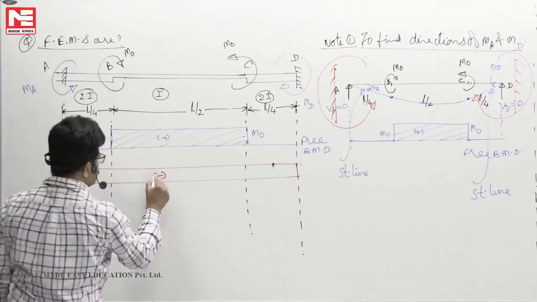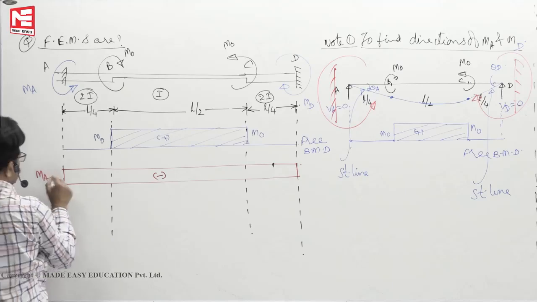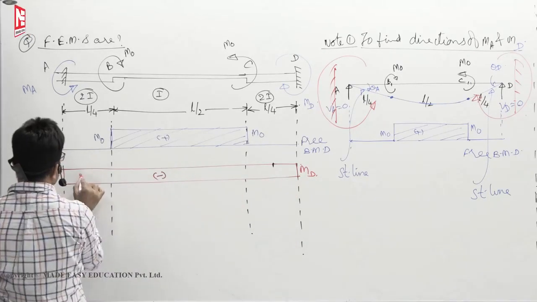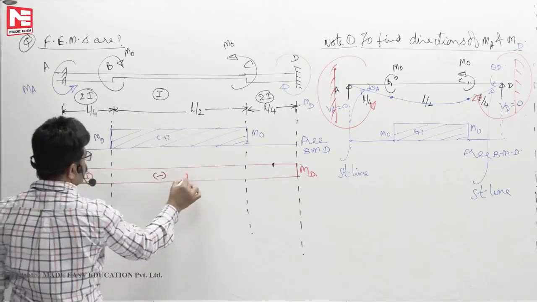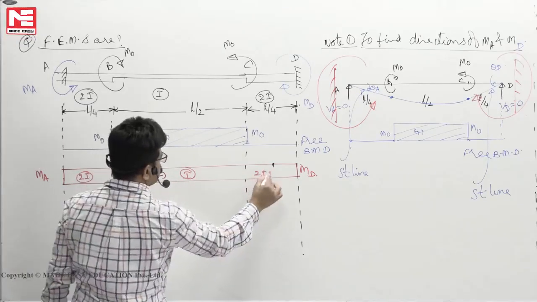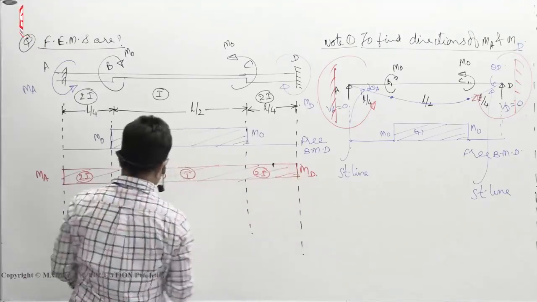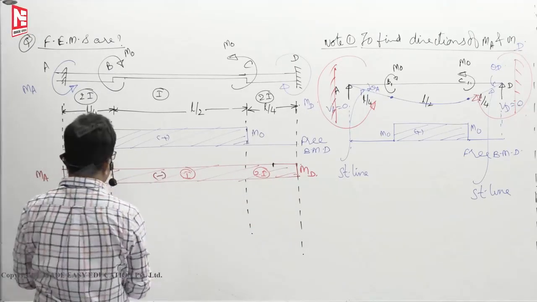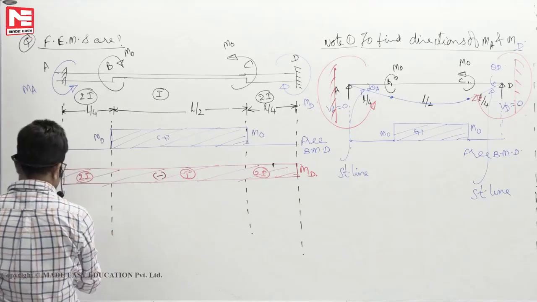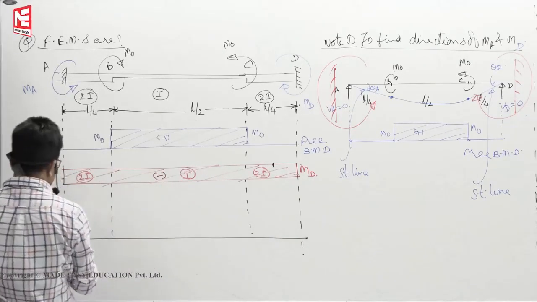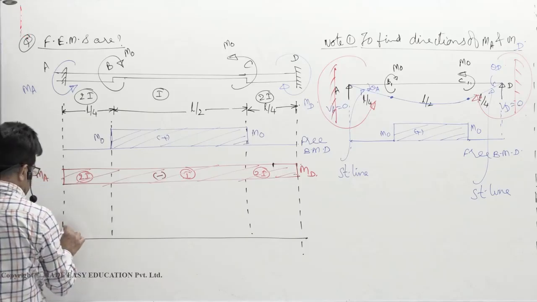This is minus. This is MA, this is MB, MD. But they have to be equal. But in this zone it is 2I, I, 2I. If you superimpose these two diagrams, it will become something like this. The negative bending moment diagram will go like this.